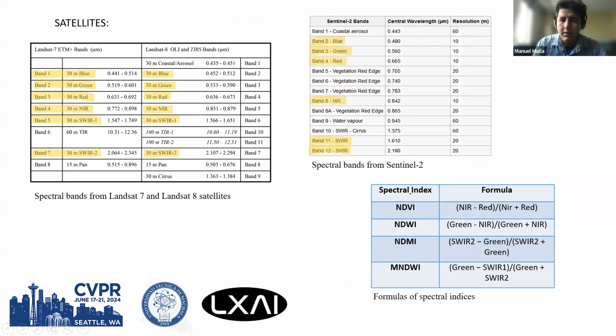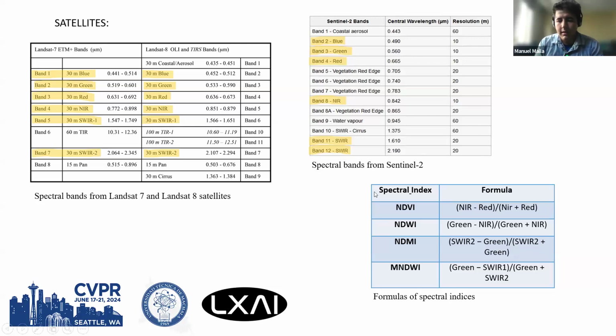All these satellites have the same 6 bands: blue, green, red, near infrared, shortwave infrared 1, and shortwave infrared 2. So in order to start building our model, we define this data as our inputs.